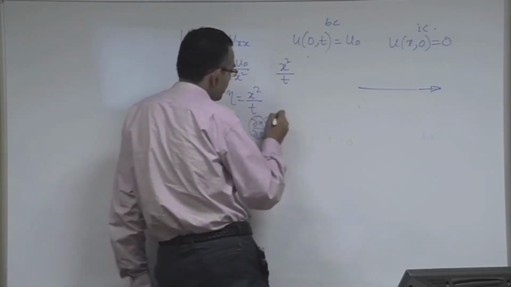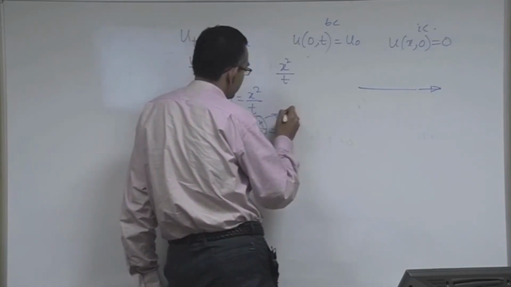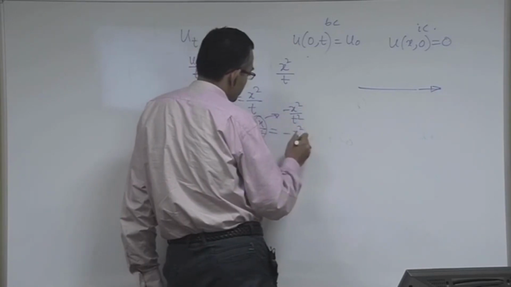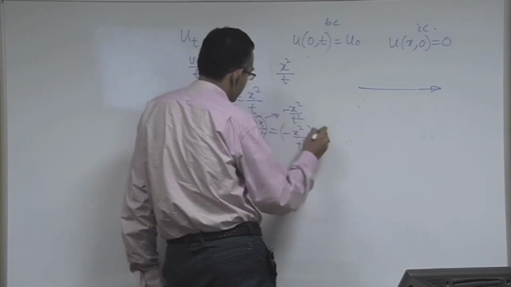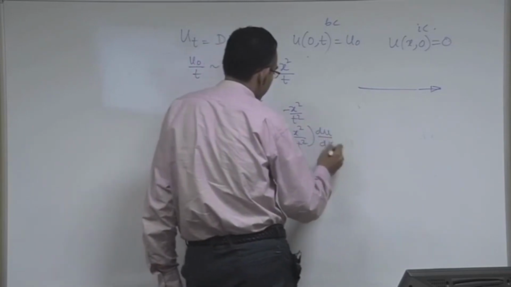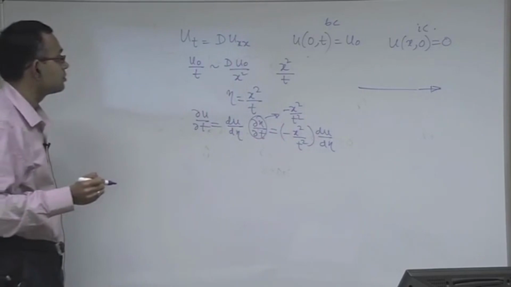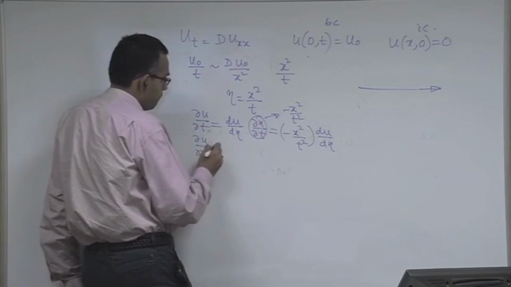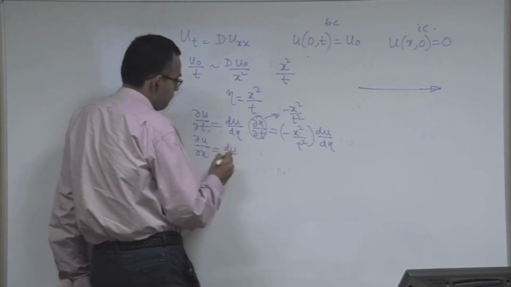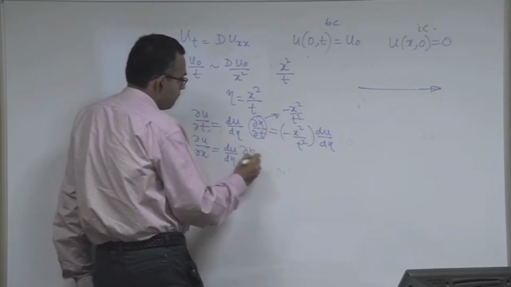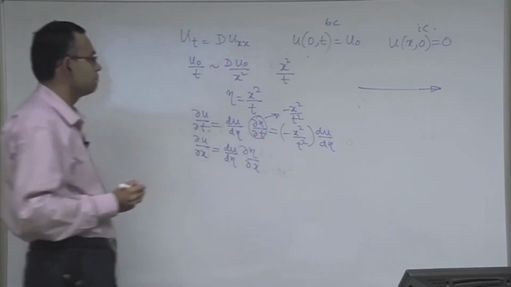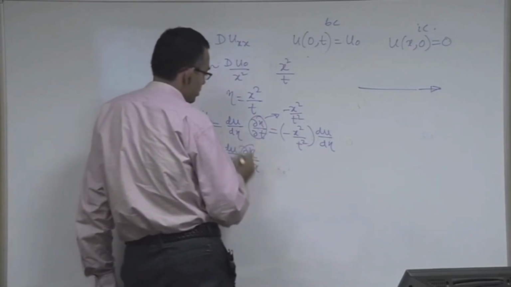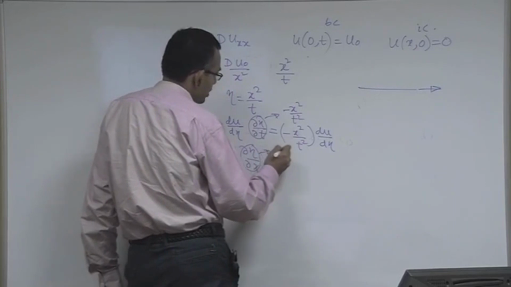Del eta del t is minus x square by t square, and del eta del x is 2x by t.